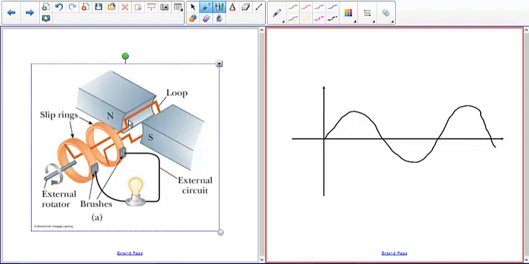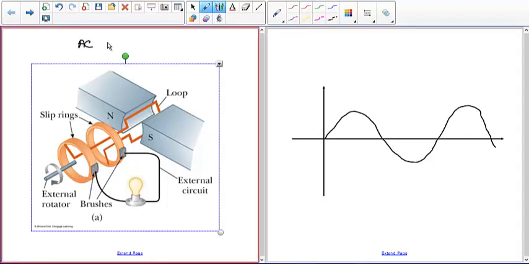As the loop rotates in a clockwise fashion during this part of the rotation, you're going to get current flowing in one direction, but then the current direction changes and it goes the other direction. So this is an AC generator. It generates an alternating current.